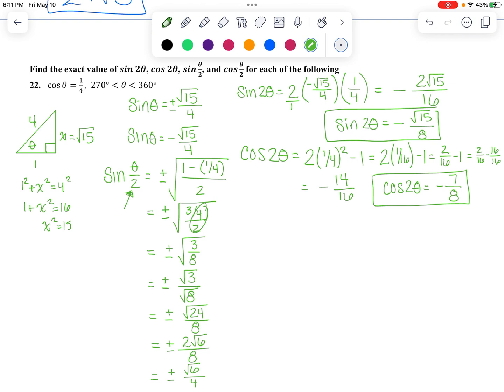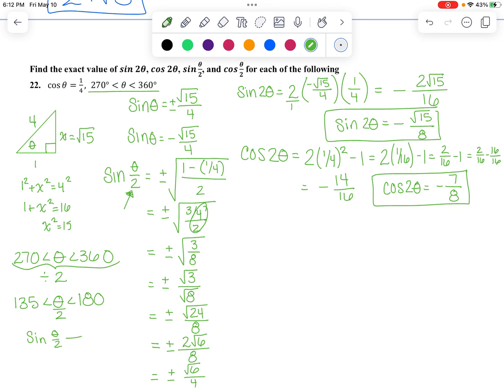Now, since this is referencing theta over 2, I have to look at not where theta is located, but where theta over 2 is located. And if theta is between 270 and 360, dividing all of that by 2 gives me 135 and 180.